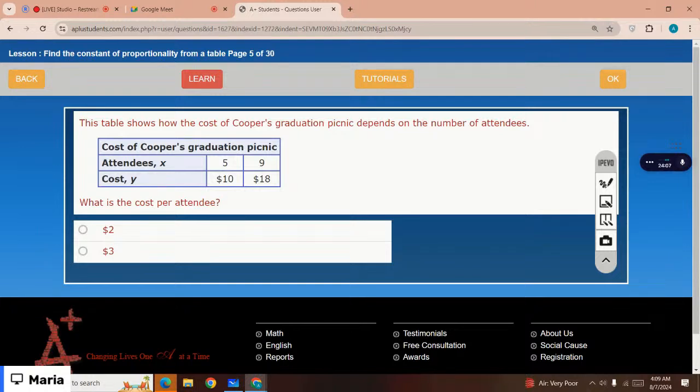The correct option is $2. The per attendee cost is $2. Option number 1 is the correct option.